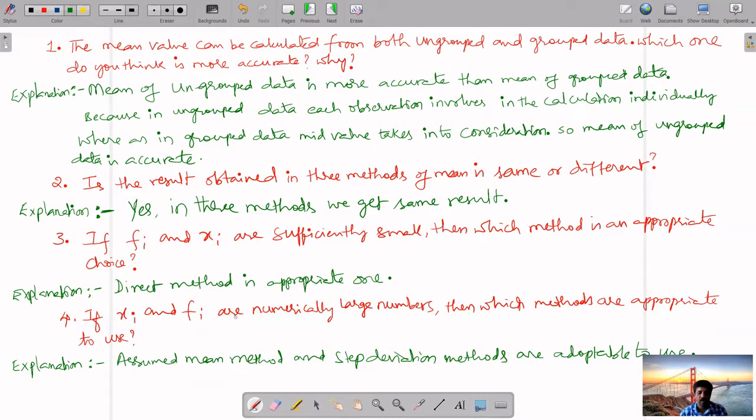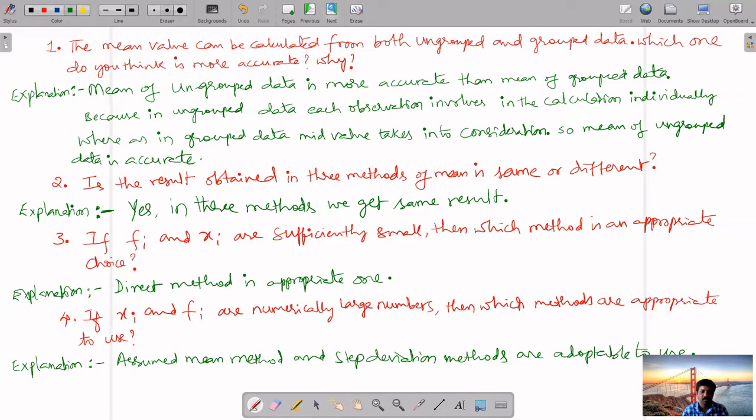If xi and fi are numerically large numbers, which methods are appropriate to use? Whenever xi and fi are big numbers, we use the assumed mean method and the step deviation method. These are the appropriate methods to find the mean.